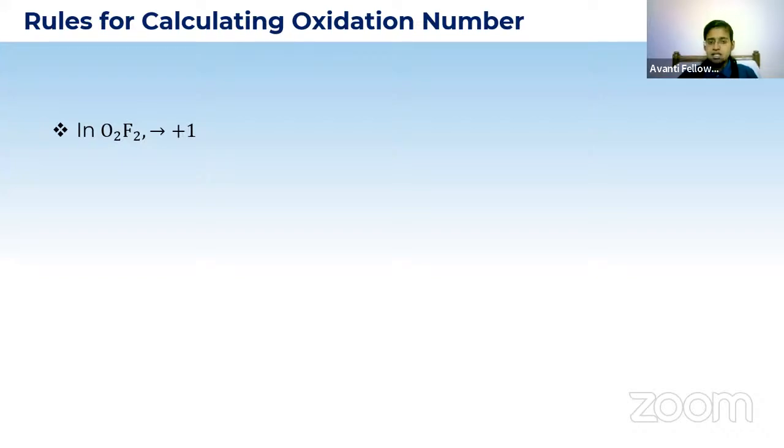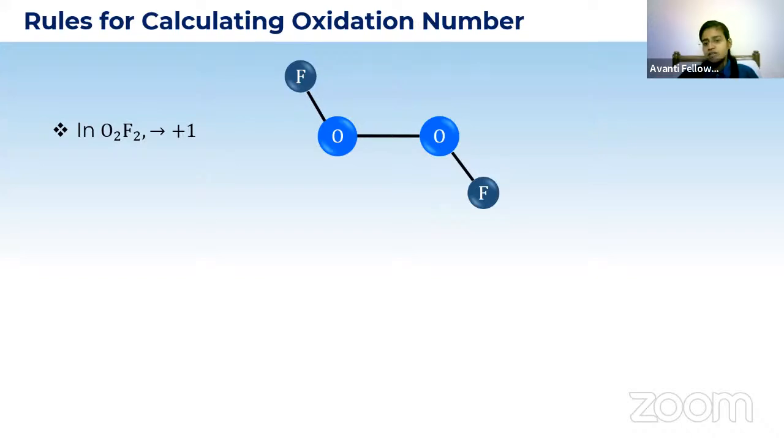If I take the structure, this is the structure of O2F2. Like we did in the previous case for H2O2, if you start doing the charge separation for all the bonds, for the first FO bond, fluorine will get the -1 charge because fluorine is the most electronegative element in the periodic table. Second most electronegative element is oxygen.